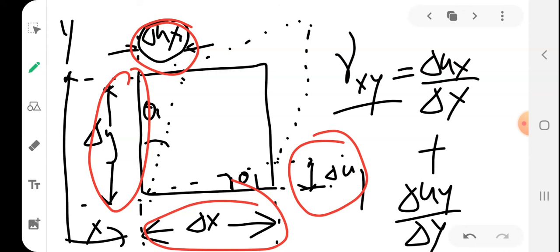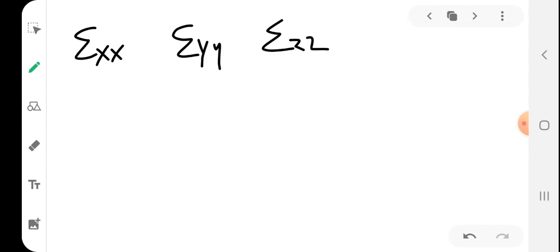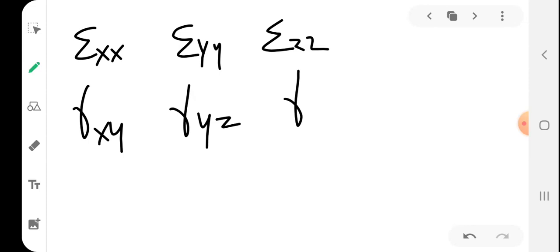So we can write the state of strain at a point. We have epsilon xx, epsilon yy, and epsilon zz. Similarly, gamma in the xy plane, gamma in the yz plane, gamma in the xz plane also.